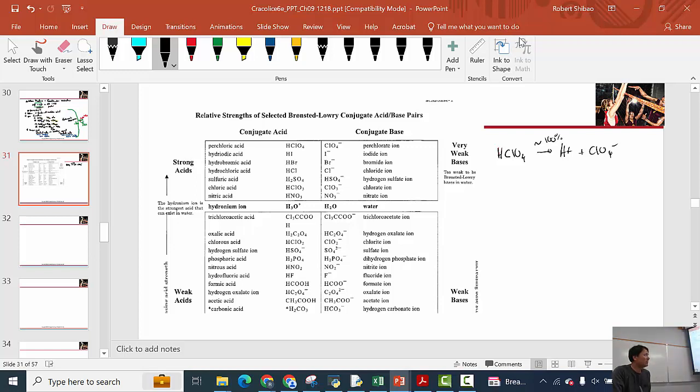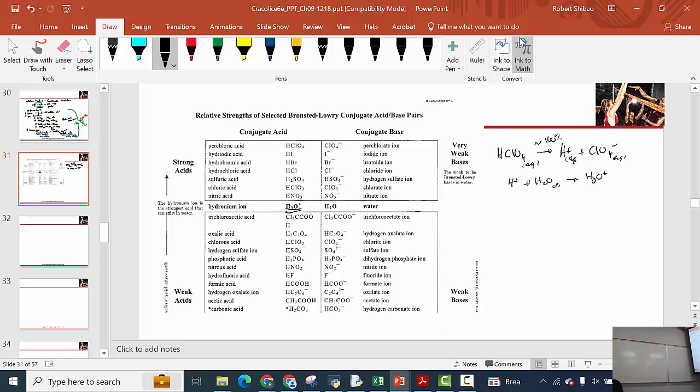So H+ aqueous is terribly unstable, and it doesn't exist as H+ aqueous. So even though I might write this, H+ will immediately attack water. And when H+ attacks water, it forms hydronium, H3O+. Even though this is a strong acid, you don't buy hydronium, you have hydronium.